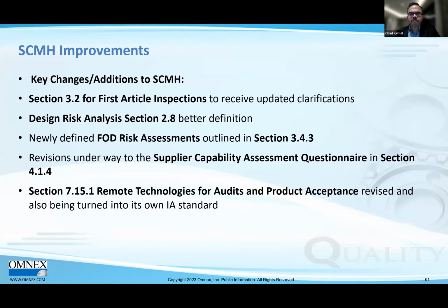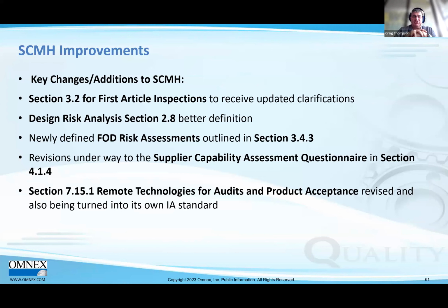Yep. So there's also going to be some improvements to the SCMH, or the Supply Chain Management Handbook, right? They're going to add some things around 3.2 for first article inspections, a little bit of clarification, right? They're also going to add some things about design risk analysis in section 2.8.